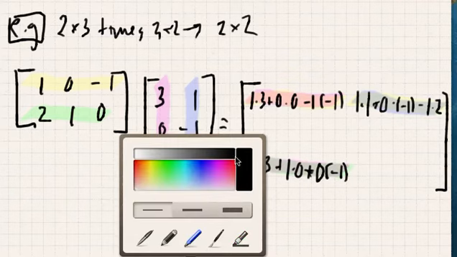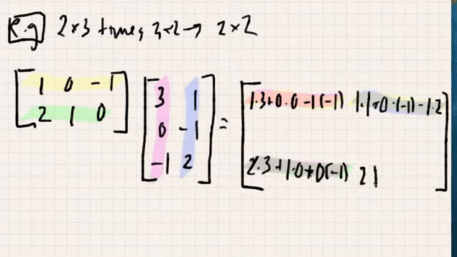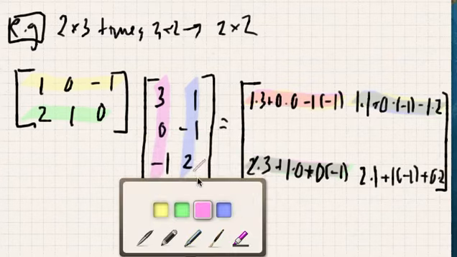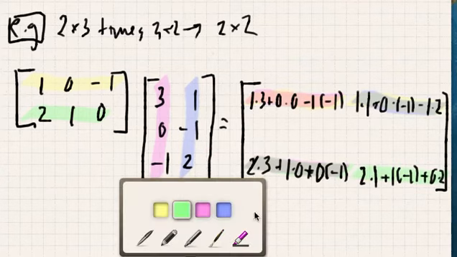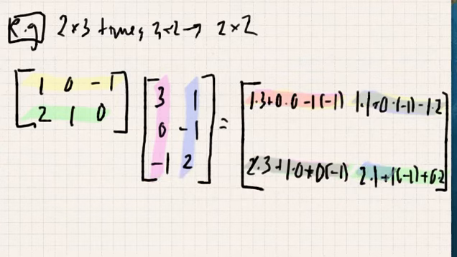Nice. And the last one is going to be row 2 times column 2, so I get 2 times 1, plus 1 times negative 1, plus 0 times 2. Again, just to suggest where this is coming from, this is the second row times the second column, which gives us that sort of blue-green.